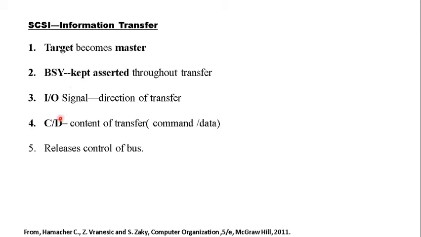That will be done through the CD line with the help of the IO line. So this IO line will be turned active, which means the initiator is supposed to enter an input cycle. That input will be the request from this target regarding what operation has to be performed, and that will be set through the C bar D line.